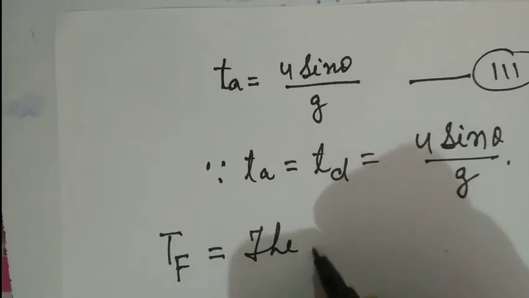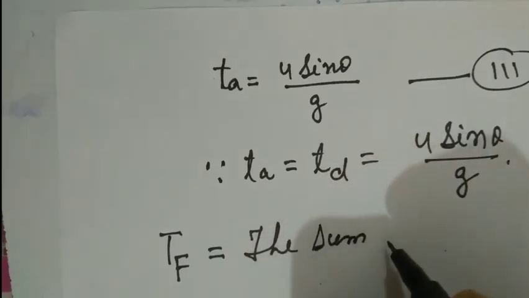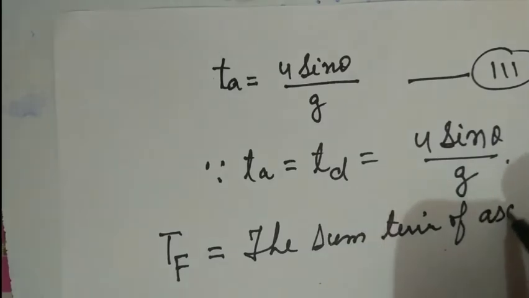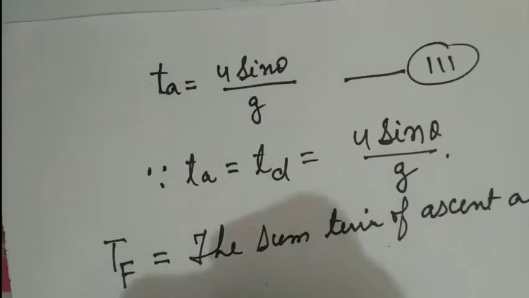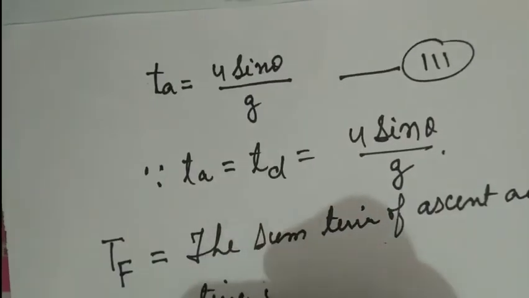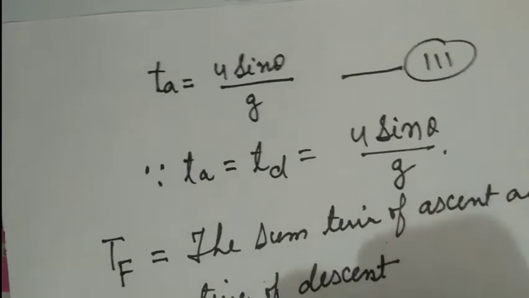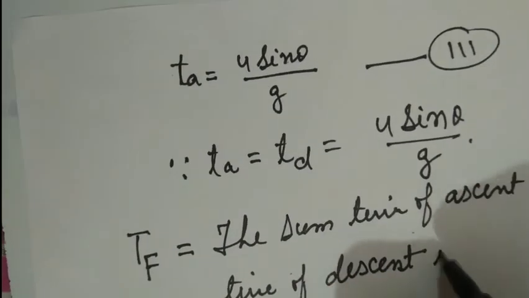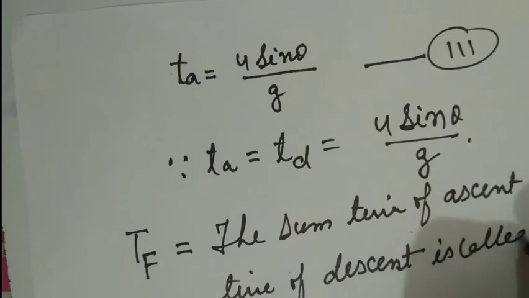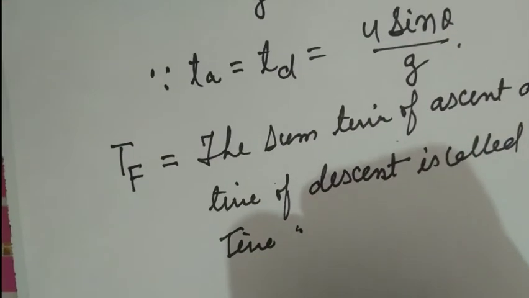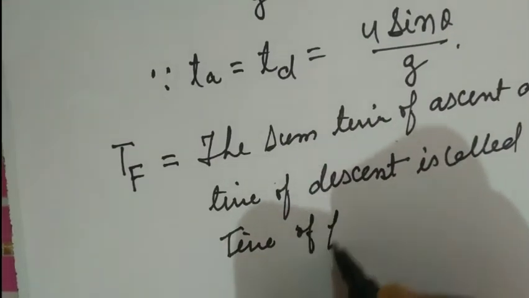So the sum of time of ascent and time of descent is called time of flight.